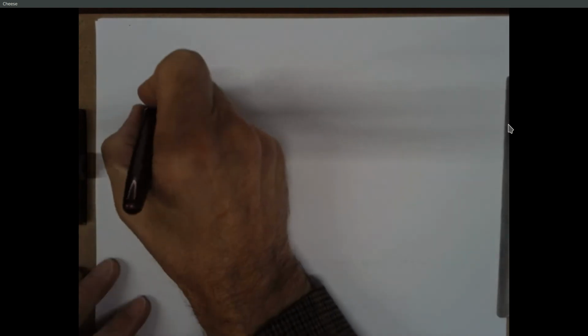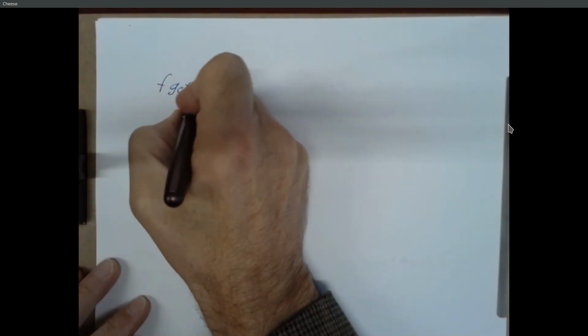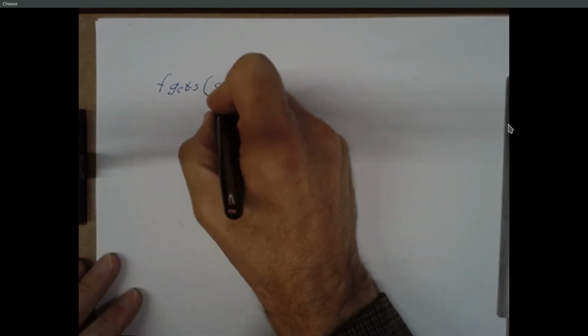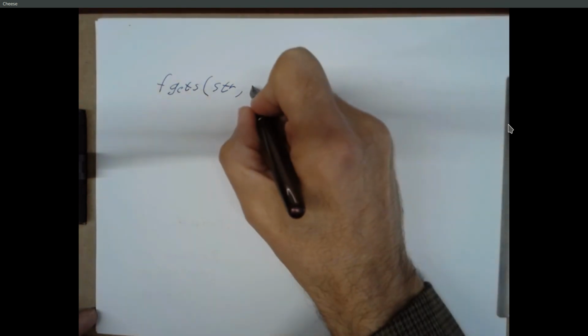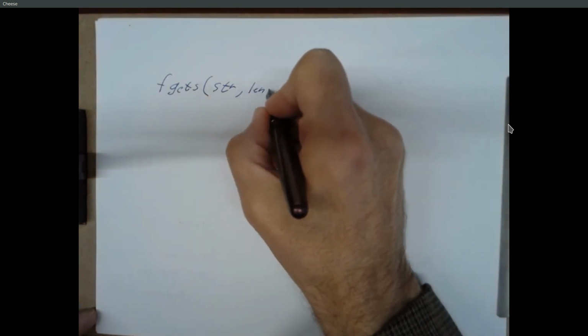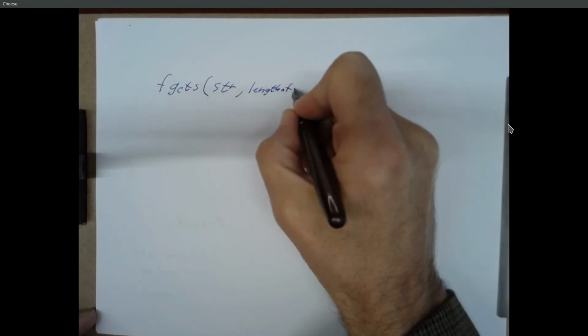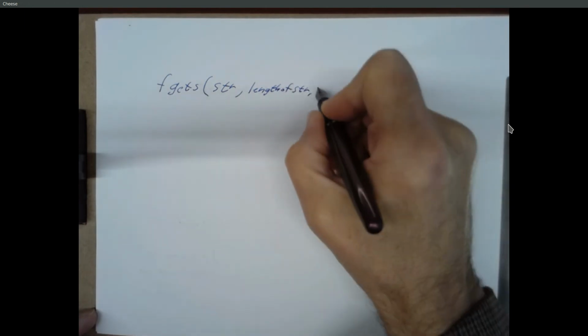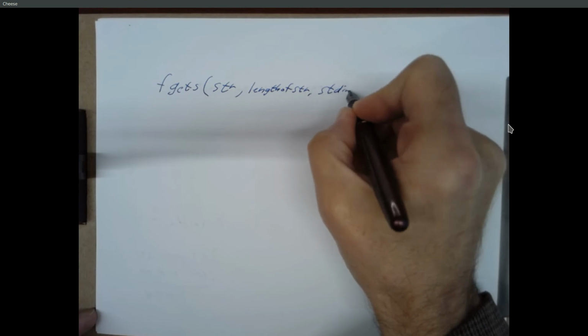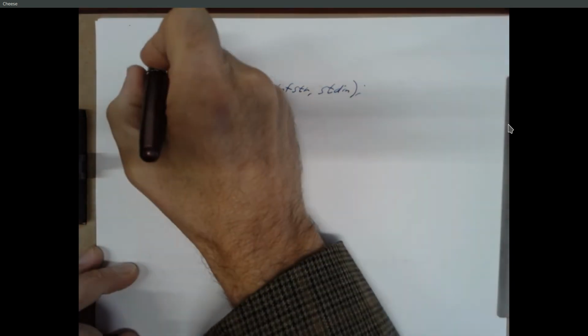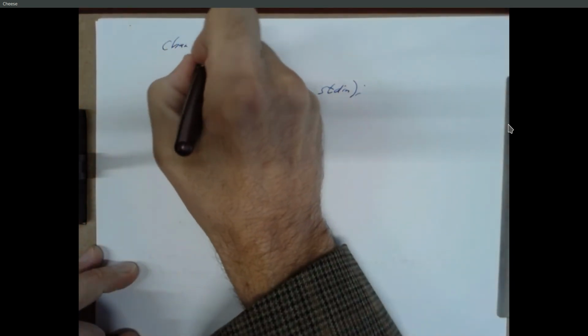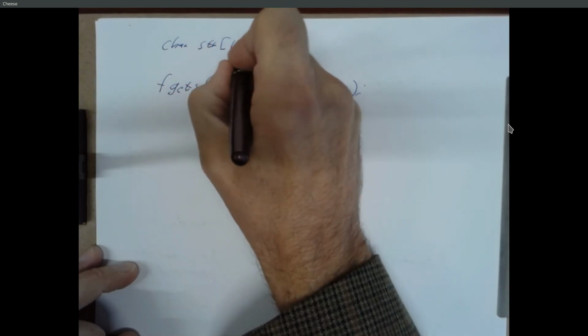The main way we do this in C is with fgets. So fgets takes 3 arguments. It takes some sort of array of characters, a string. It takes an integer, which is the length of the string, and then it takes standard in. So for example, we might say char str bracket 120.